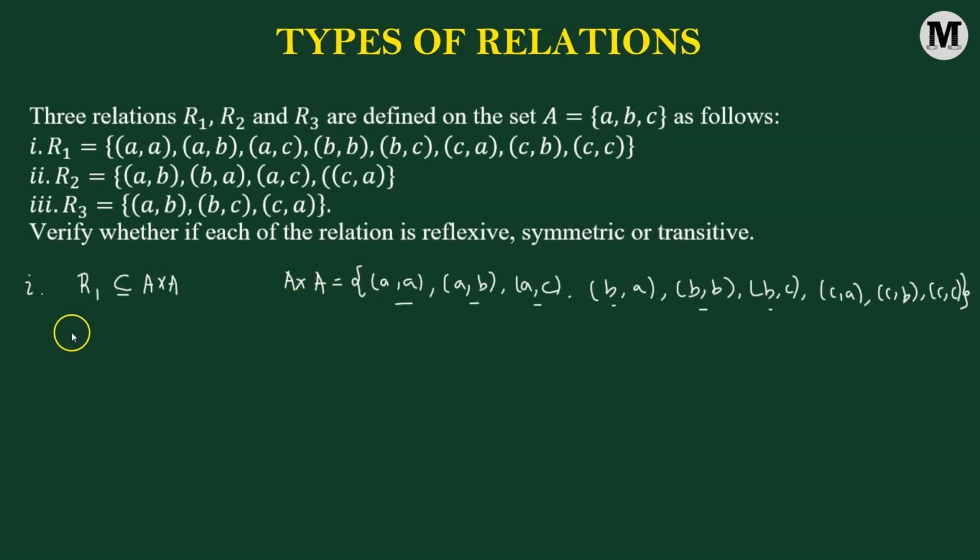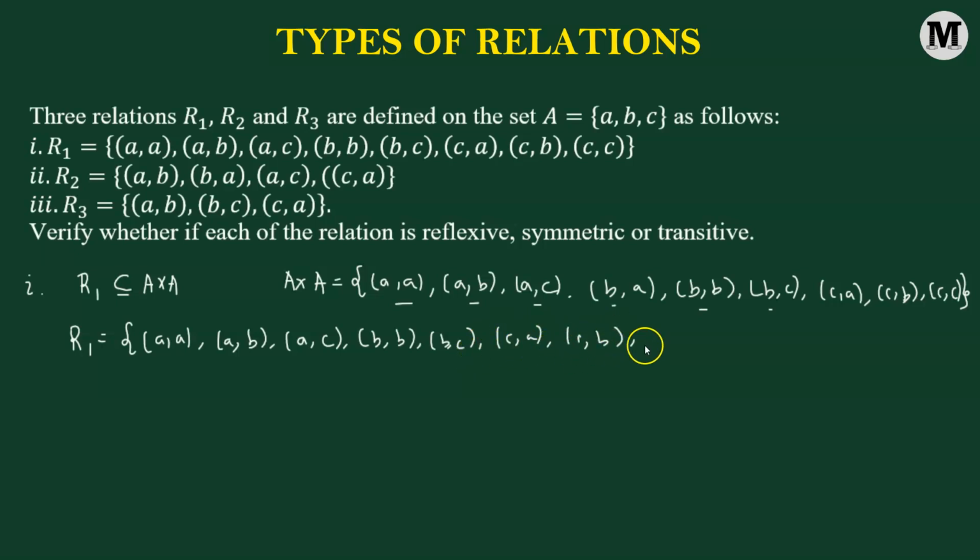Okay, now beginning with the first problem, we have R1. So R1 here contains the elements A comma A, A comma B, A comma C, B comma B, B comma C, C comma A, C comma B, and C comma C. As we can see here, we have a total of 8 elements.